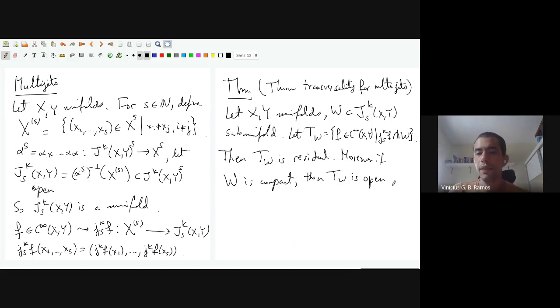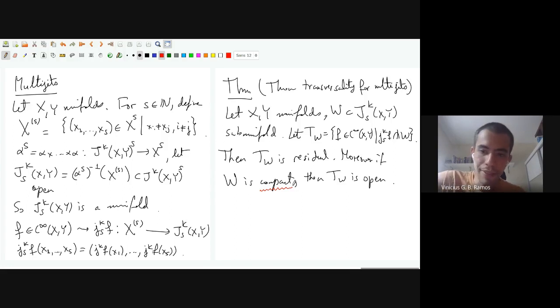Okay? And you should notice that it looks very similar to the Thom Transversality Theorem for jets, but there is one little thing, which is this condition of being compact, which is stronger than being closed. And you might ask me, why do you have this condition?